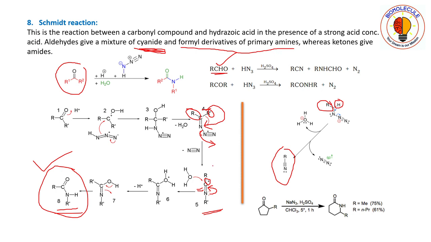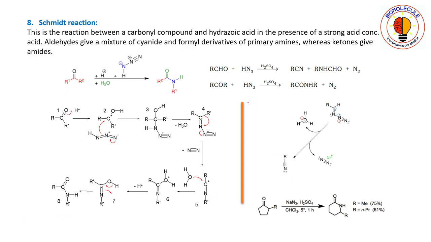Now this migration of alkyl groups follows the same order, that means it follows anti-migration. Here the orientation is not shown in this mechanism, just the migration is shown. But actually, this migration will take place via anti-orientation.